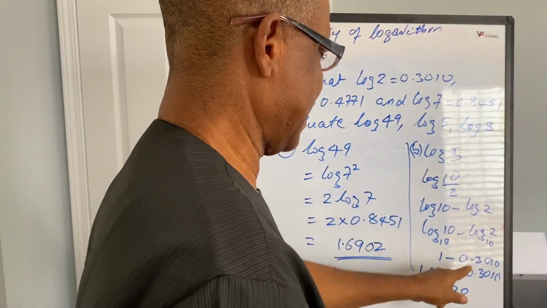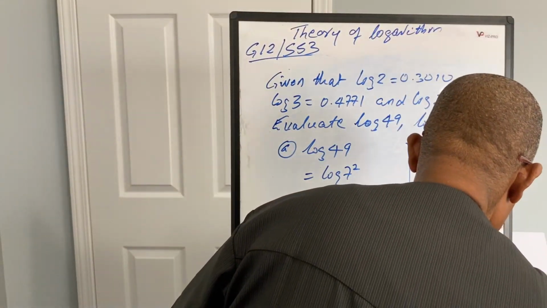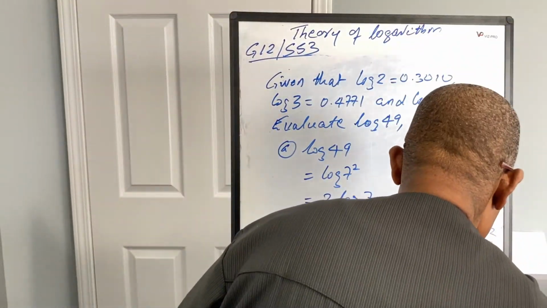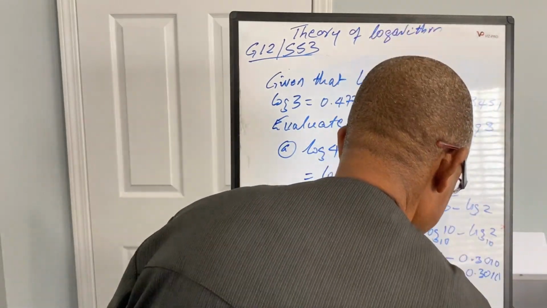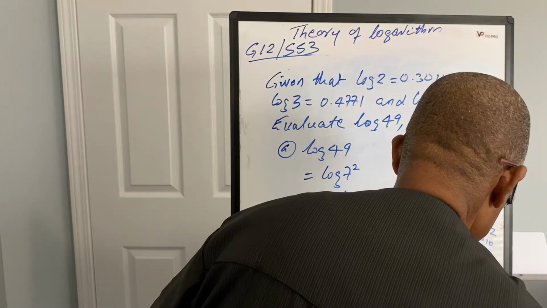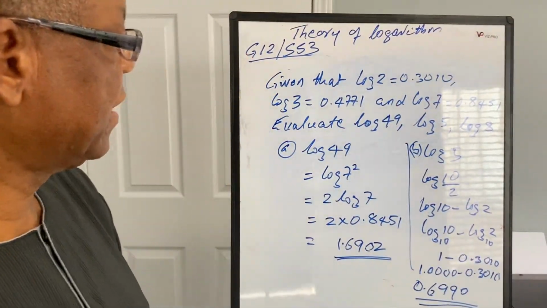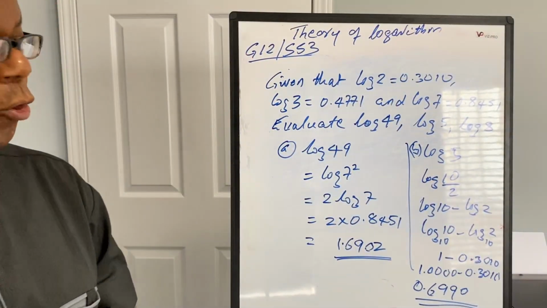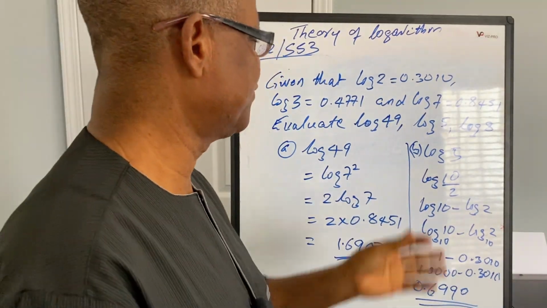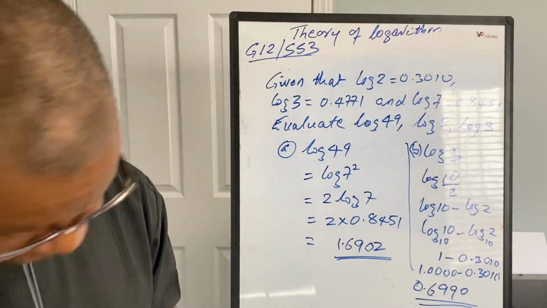This remains 9. 9 minus 0 is 9. This remains 9. 9 minus 3 is 6. And already we have carried this one, so we now have 0 because it's gone. We have evaluated log 5 using the given log values.